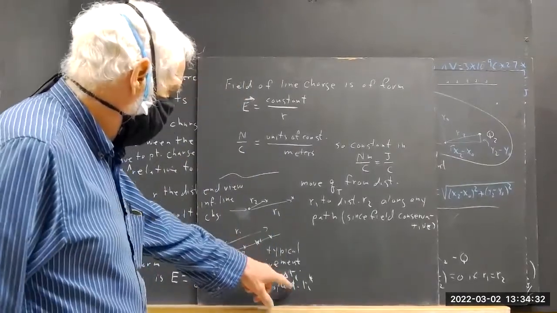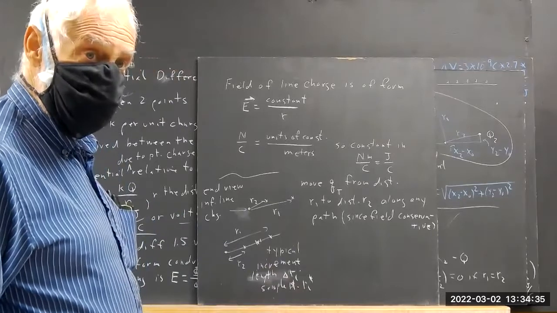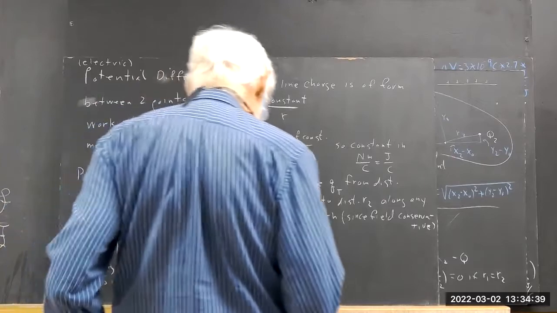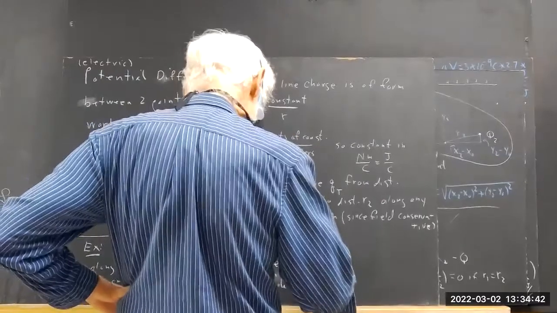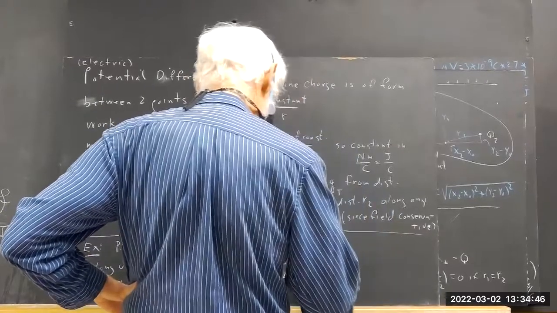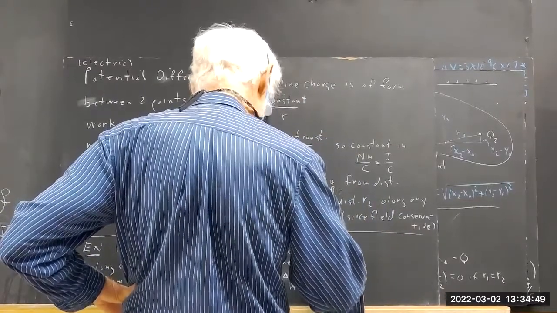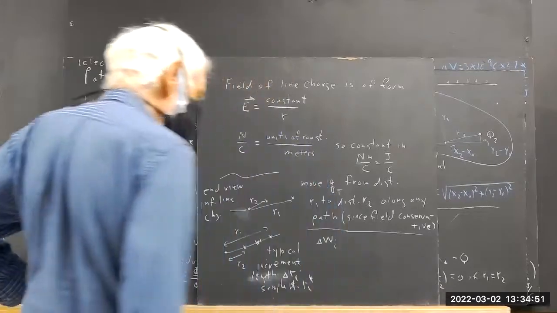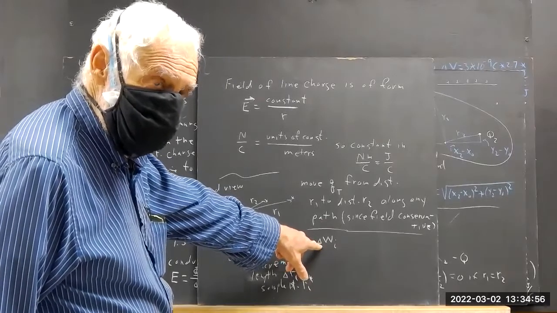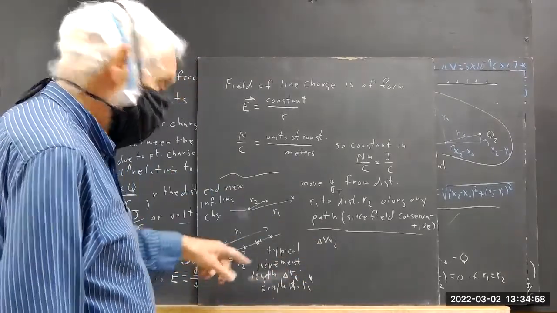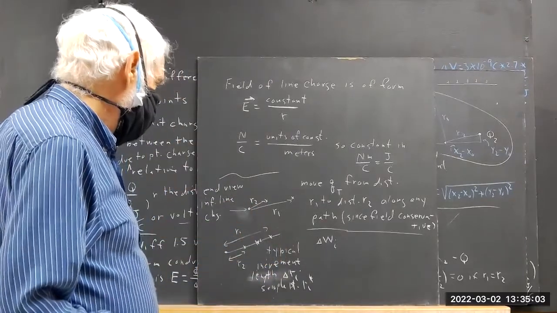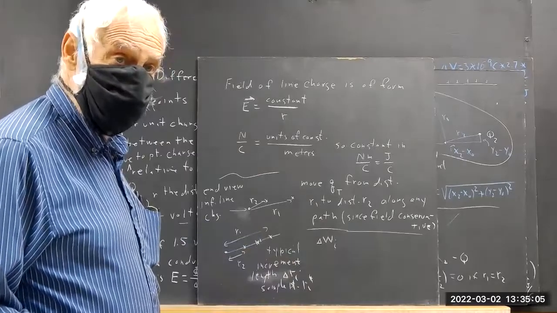Take a typical increment of length delta R_i with sample point R_i star. Then the work contribution on the ith increment, we'll call delta W sub i.